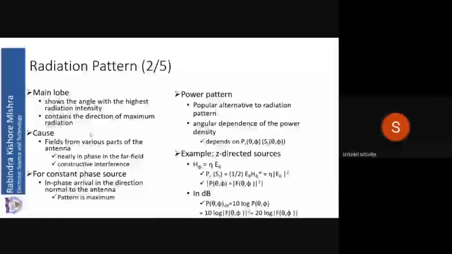If we express the pattern in terms of dB, the power pattern is the same as the radiation pattern or the field pattern. So P theta phi in dB is equal to F theta phi in dB. This is an interesting observation of using decibels for pattern. So when you do any calculation of pattern, you can always use decibel.